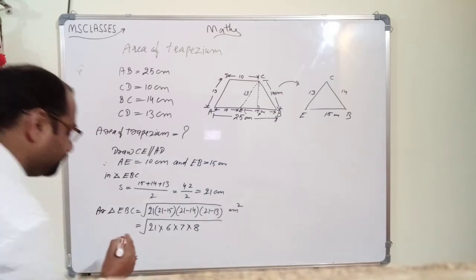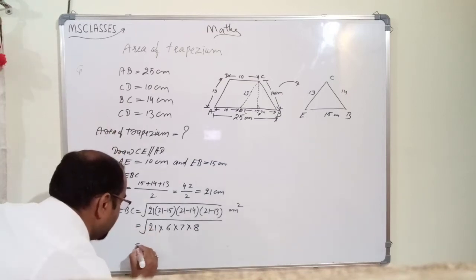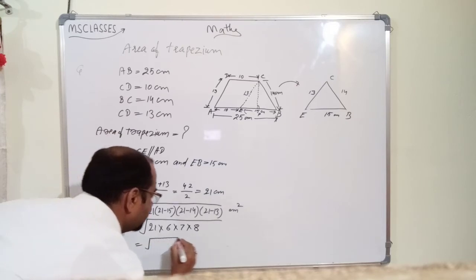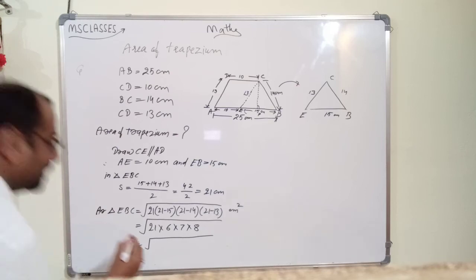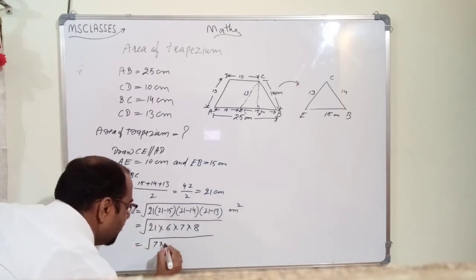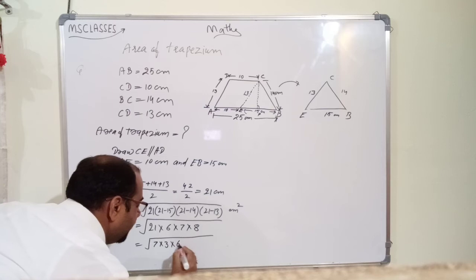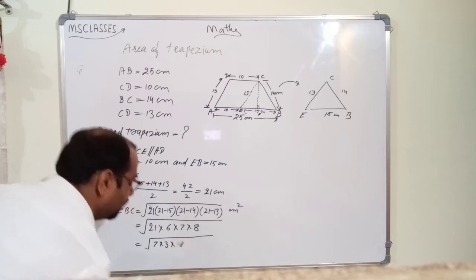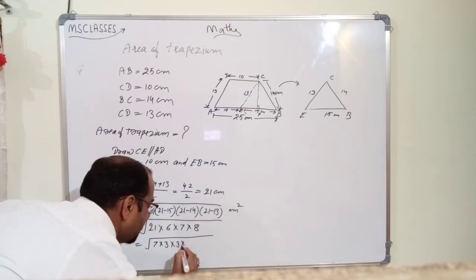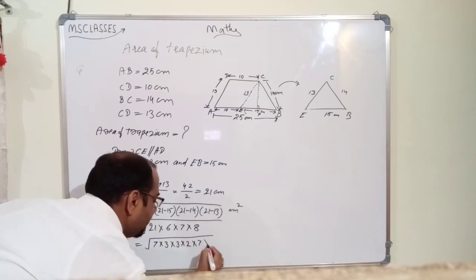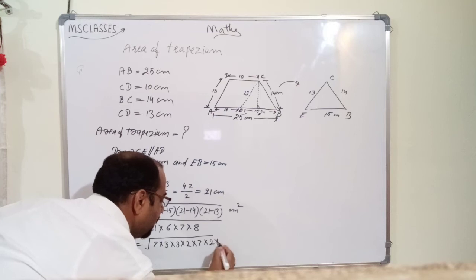Now we have to write 21 in the form of 7 into 3, 6 is equal to 3 into 2, 7 is 7, and 8 is equal to 2 into 4.